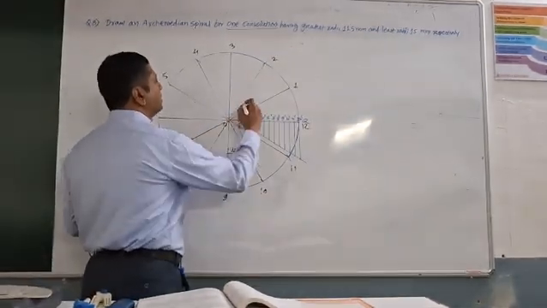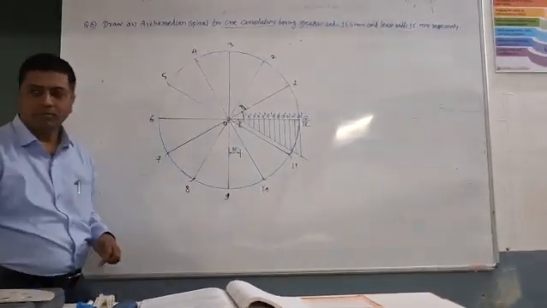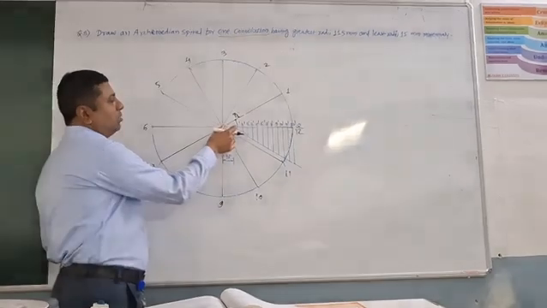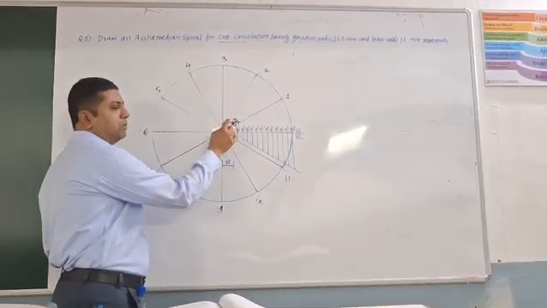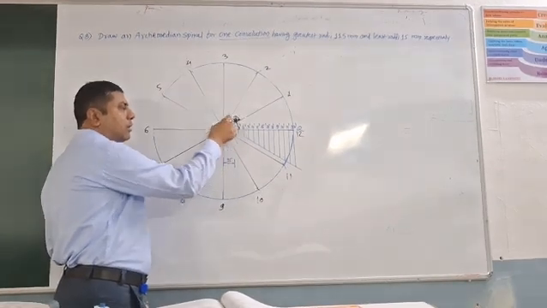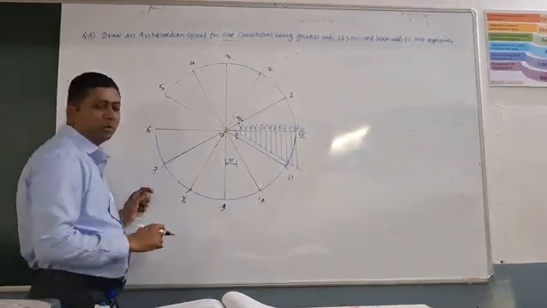Mark this point as P1. Understood? We have to take distance O1 dash, here this is 1 dash on the line PQ, then draw an arc which will intersect radial line O1.